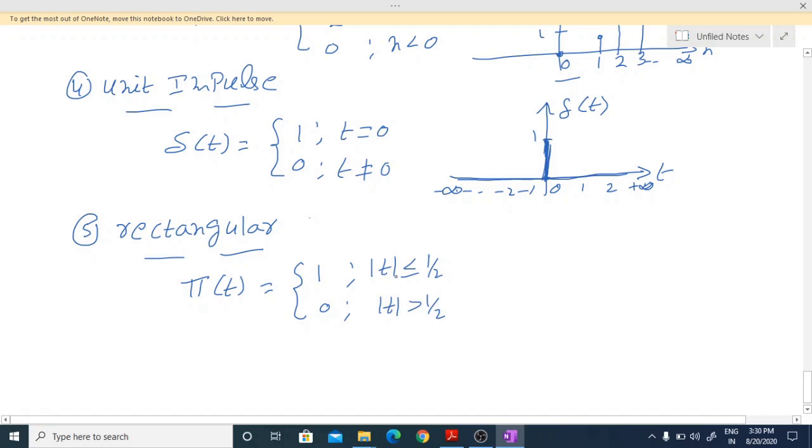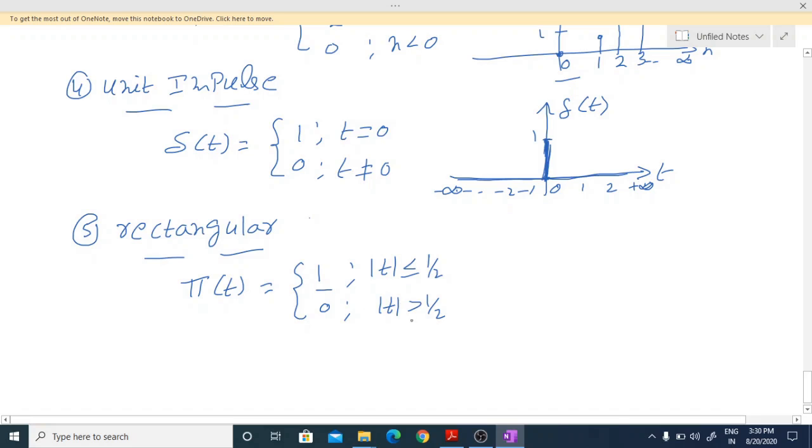What does that mean? Here mod t is nothing but plus or minus t. It means the t value must be between minus 1 by 2 and plus 1 by 2. If t is between minus 1 by 2 and plus 1 by 2, then the rectangular signal amplitude is 1.